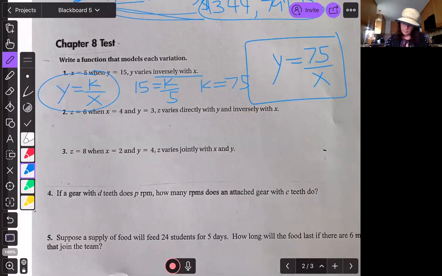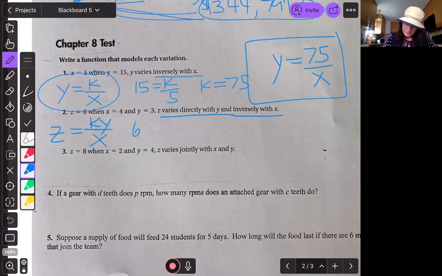All right, so number 2. z is 6 when x is 4 and y is 3. z varies directly with y and inversely with x. So there's 2 things happening here. So z equals k times y, since directly means multiplied together, and then inversely with x. Okay, so let's plug in everything we have.